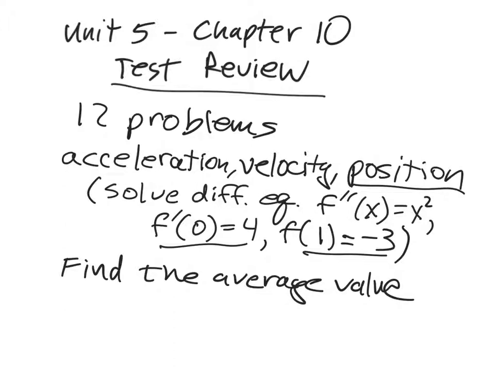You take 1 over b minus a, times the integral, which essentially turns out to be your area under the curve. We didn't do a whole lot with that, but you might have one problem like that on the test. You probably would rather have 10 of them like that.